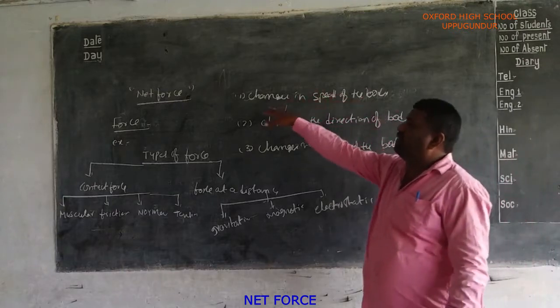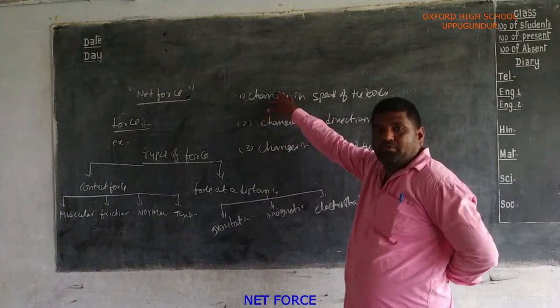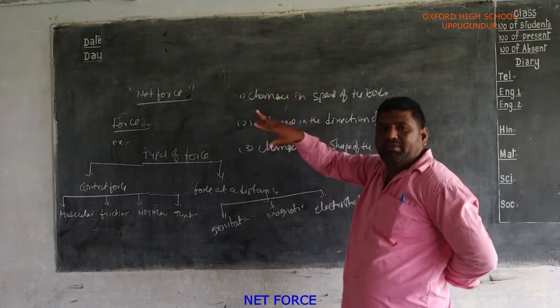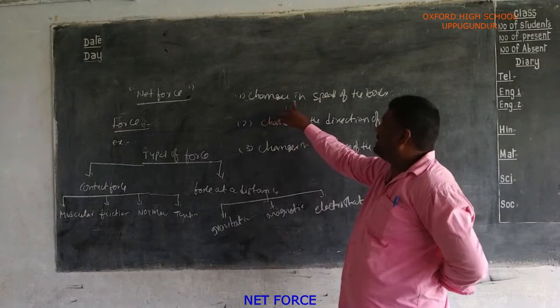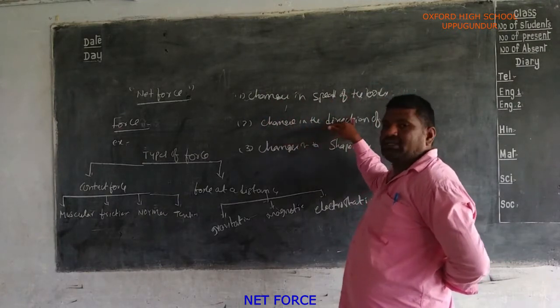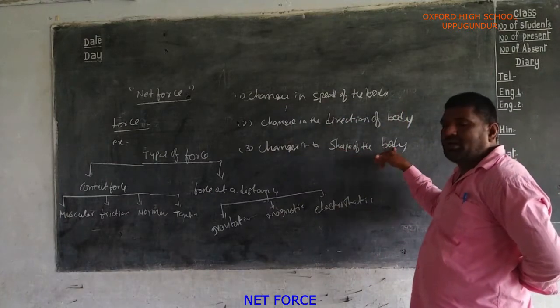When a force is applied on an object, three factors can change: the speed of the object, the direction of the body or object, and the shape of the body or object.